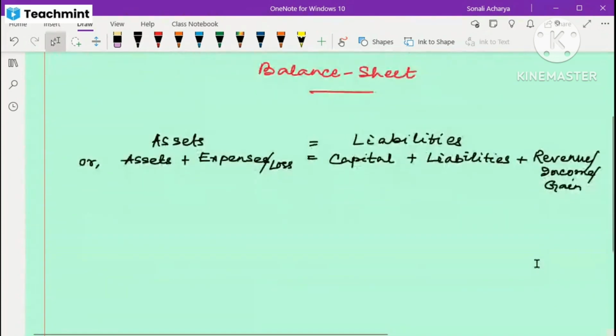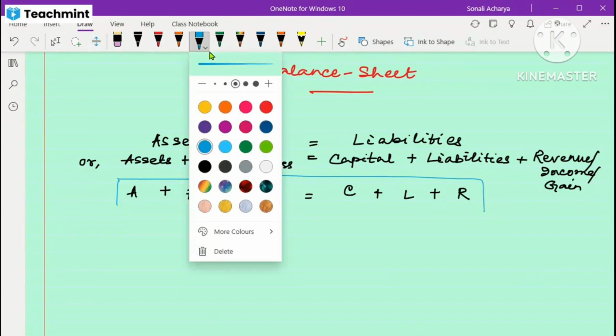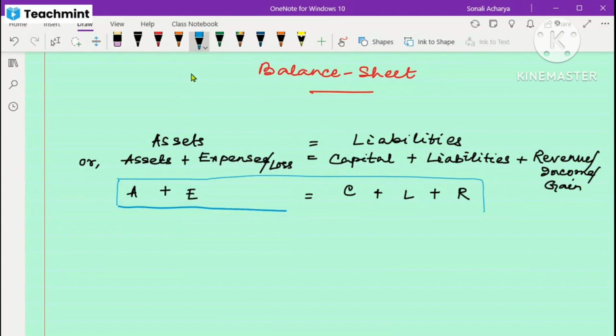If we write this equation, A plus E equals C plus L plus R. Okay, so this is a simple equation that we have discussed in our previous classes while doing classification of transactions. So now I am not discussing all the details here.